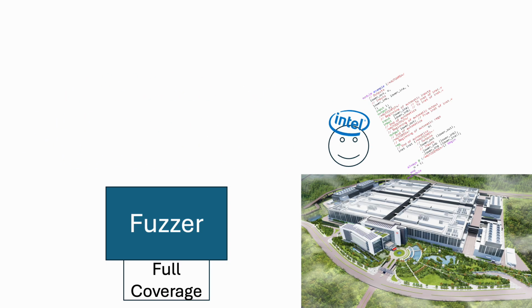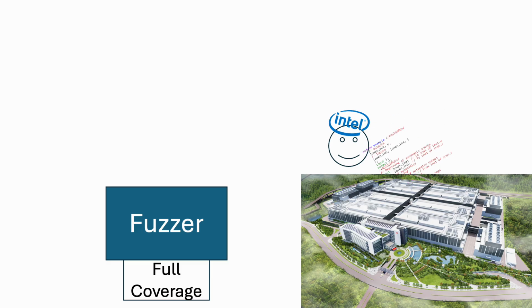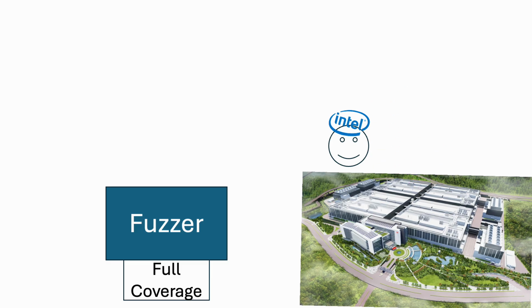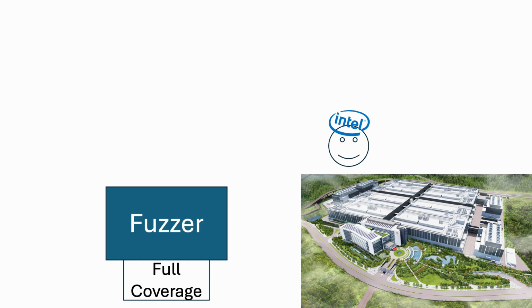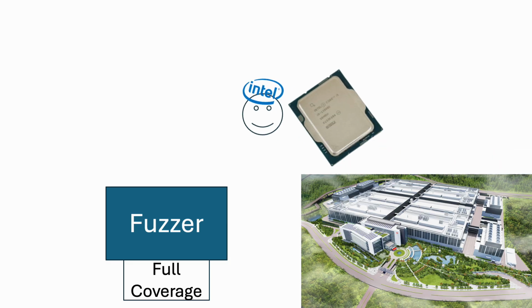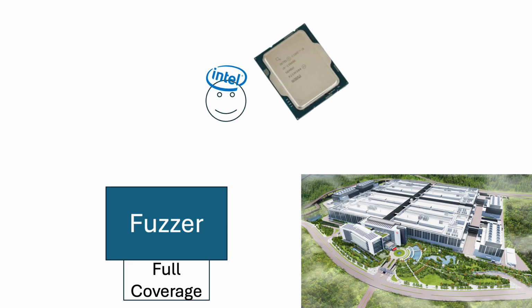So excitedly you go and tape it out, and then you put it out in the market, and much to your dismay, there are still hardware faults and a bug appears and you're left wondering what went wrong.